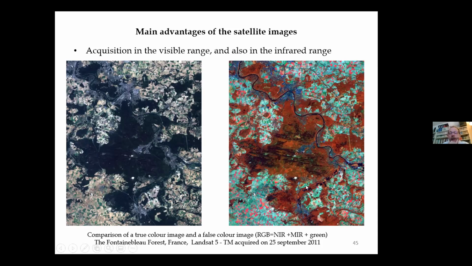So I think it's a good illustration of the power of color composites integrating the infrared range, and particularly the near infrared for different kinds of vegetation, and the mid infrared for the states of moisture and humidity.